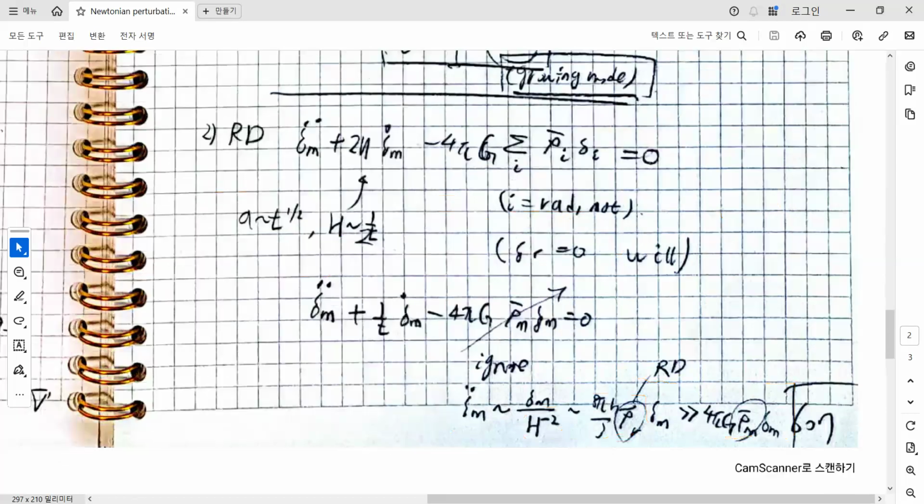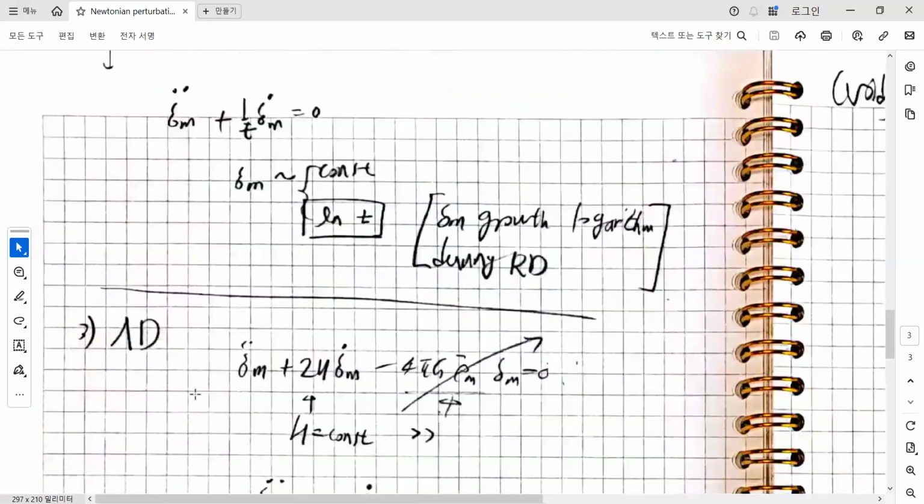Under such an equation of motion, the possible solution is that the density perturbation is constant through all the logarithms. So during radiation dominance, the matter perturbation grows very slowly.